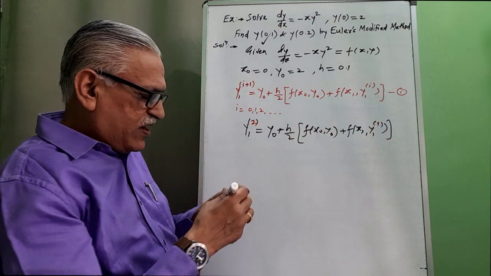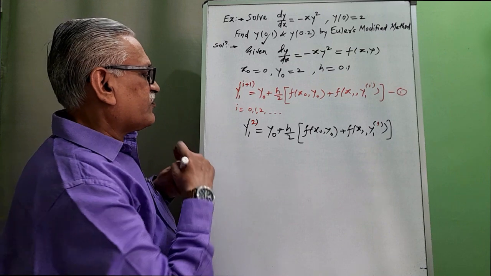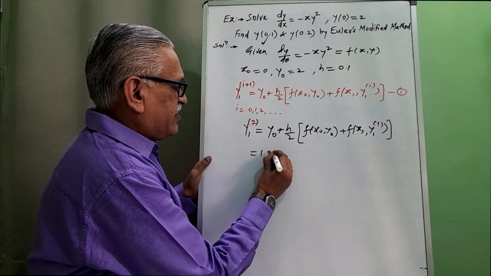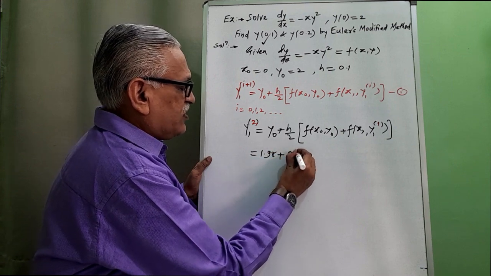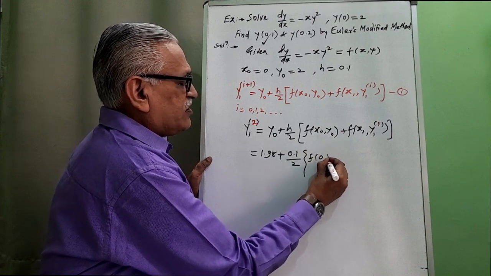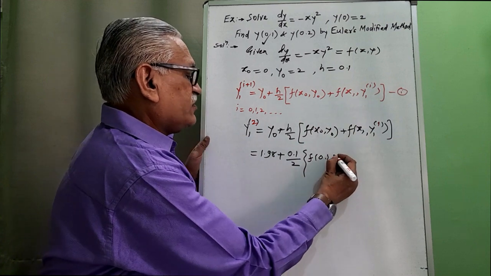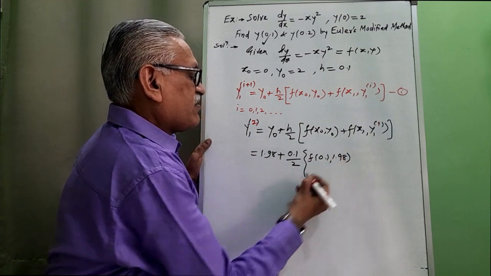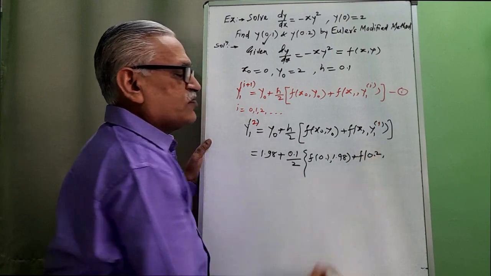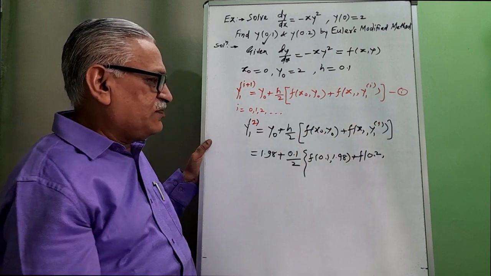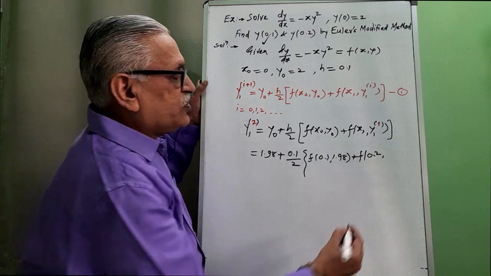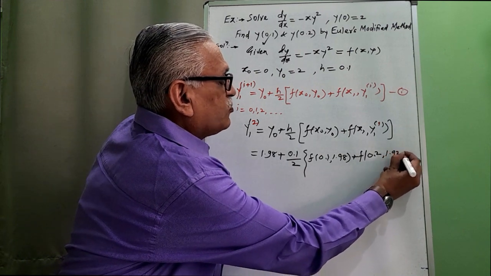Therefore substituting the corresponding values, y0 is 1.98, h is 0.1 by 2, f of x0 is 0.1, y0 corresponding is 1.98, plus f of x1 is 0.2 and y1 superscript 1, the previous value of y1, 1.923.